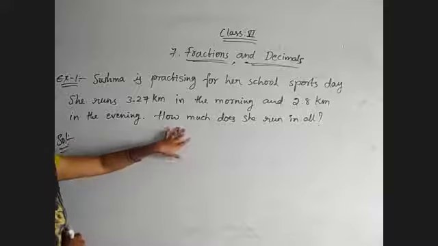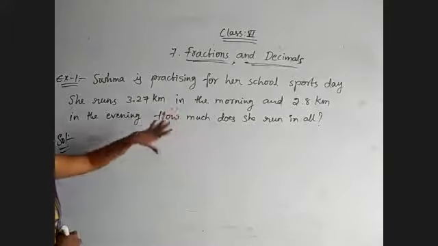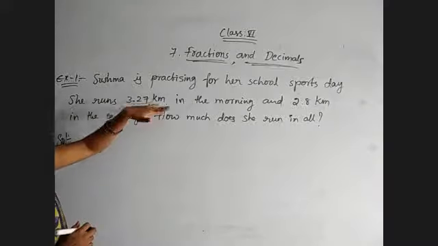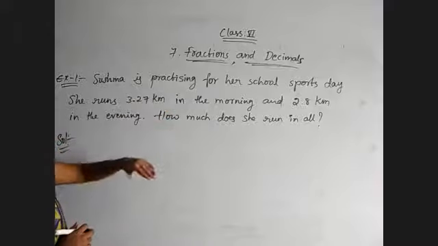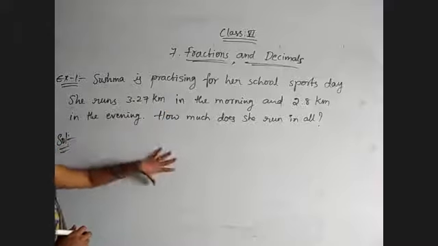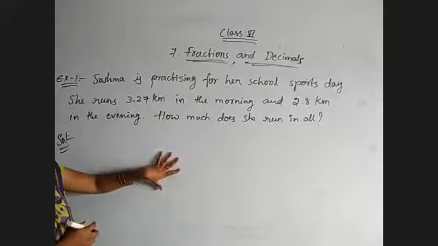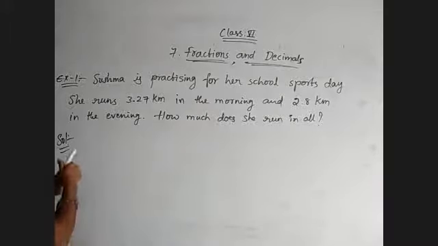How much does she run in all? Means total how much distance she runs per day, morning and evening, we must find. That is total distance. Total distance is nothing but the addition of those two values.